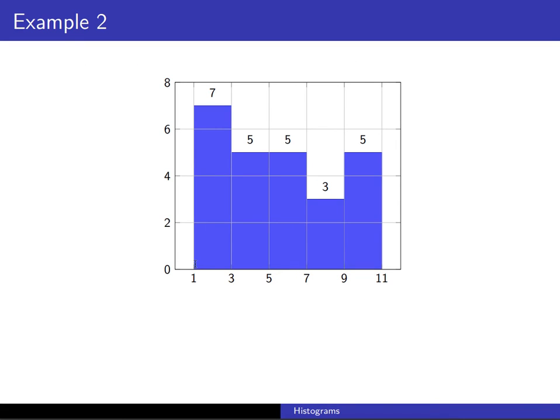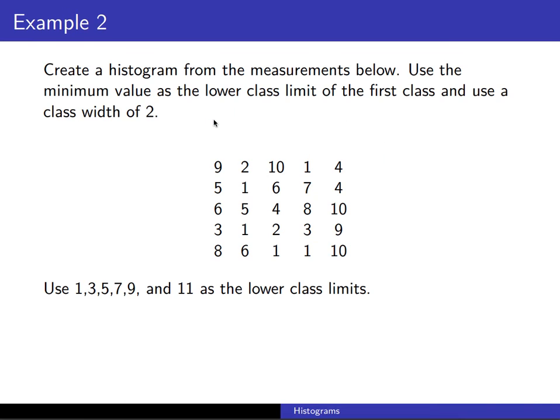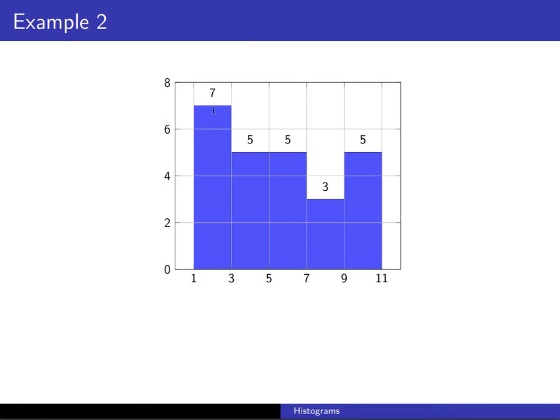So if we take a look at, here we have greater than or equal to 1 but less than 3, we have 7 of those values. So in this case, greater than or equal to 1 but less than 3 would be a 1 or a 2. So we count 1, 2, 3, 4, 5, 6, 7 of those values in our data set. This first class has a height of 7 for its frequency.